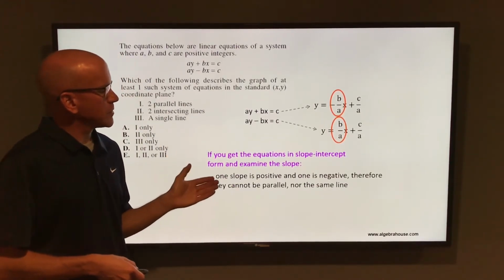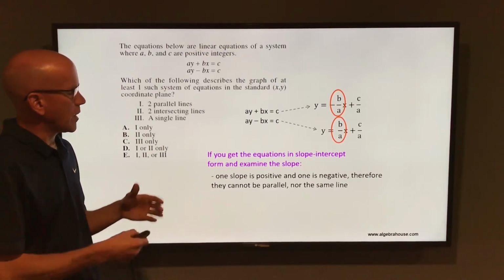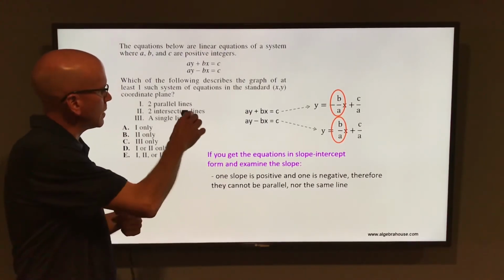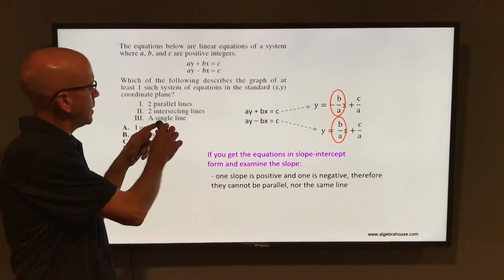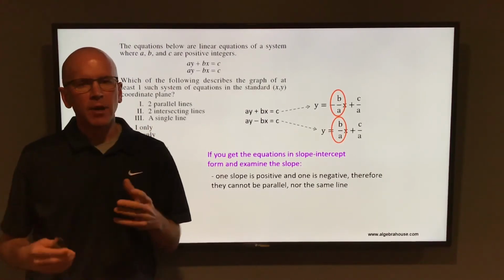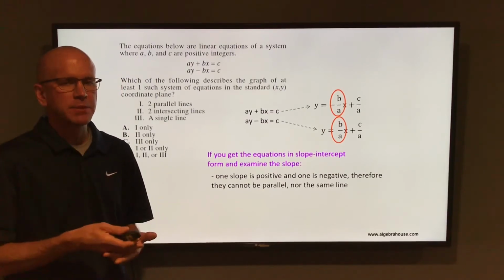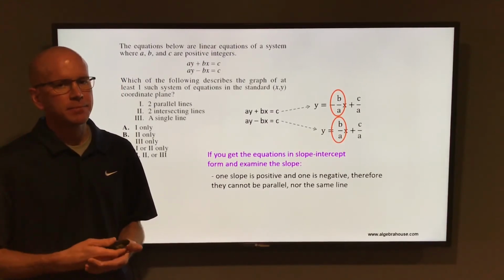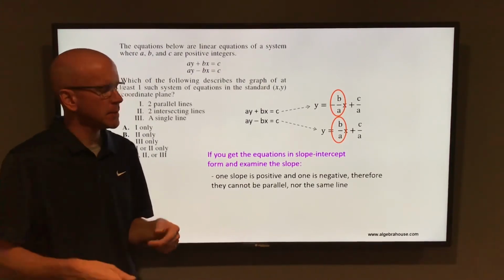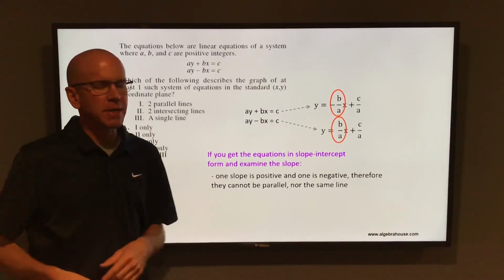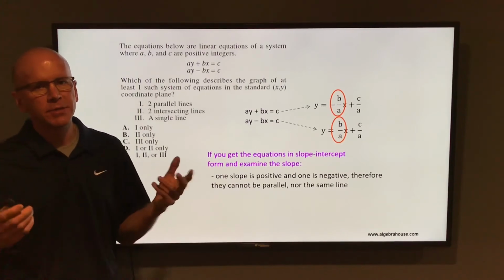So with one slope being positive, one being negative, they're not going to be parallel because parallel lines would have the same slope. Also, if they are the same line, they would have the same slope and same y-intercept. So parallel lines would have the same slope, different y-intercepts, but a single line would have the same slope and same y-intercept.